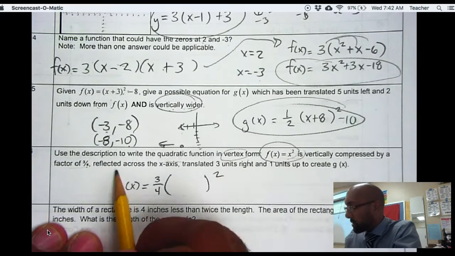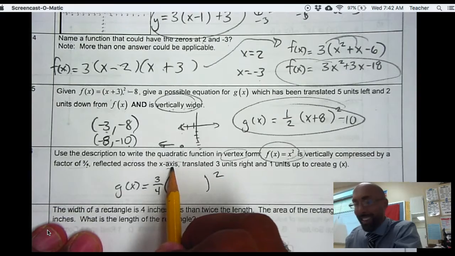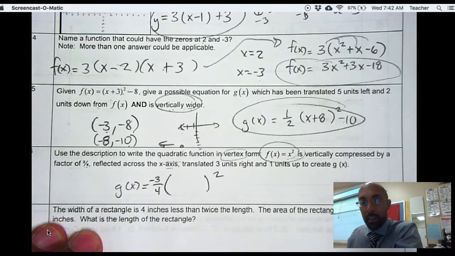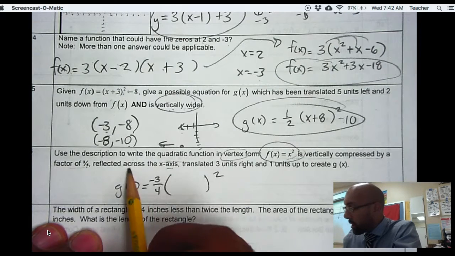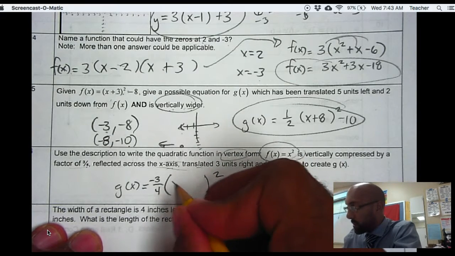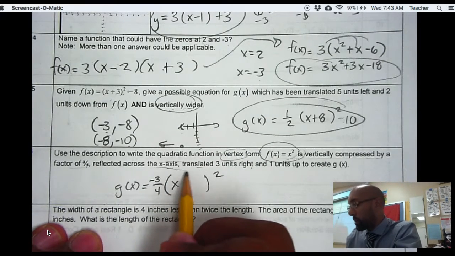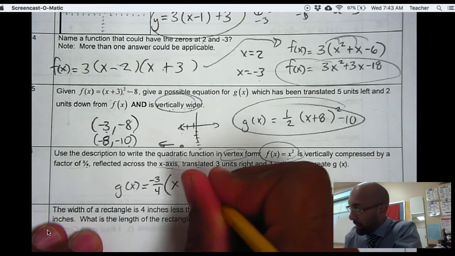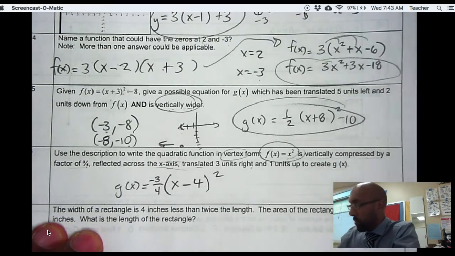And it says reflected across the x-axis. Well, that is, again, a vertical on the outside, so negative there. Then translated 3 units right. So if we're going to the right is more positive, right? But remember, x is a liar, so this would be minus, oops, sorry, not 4, it should be 3.